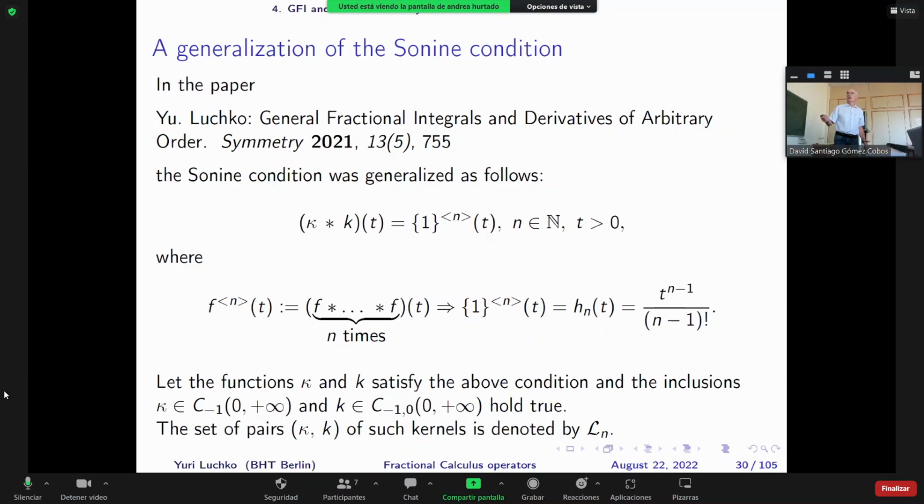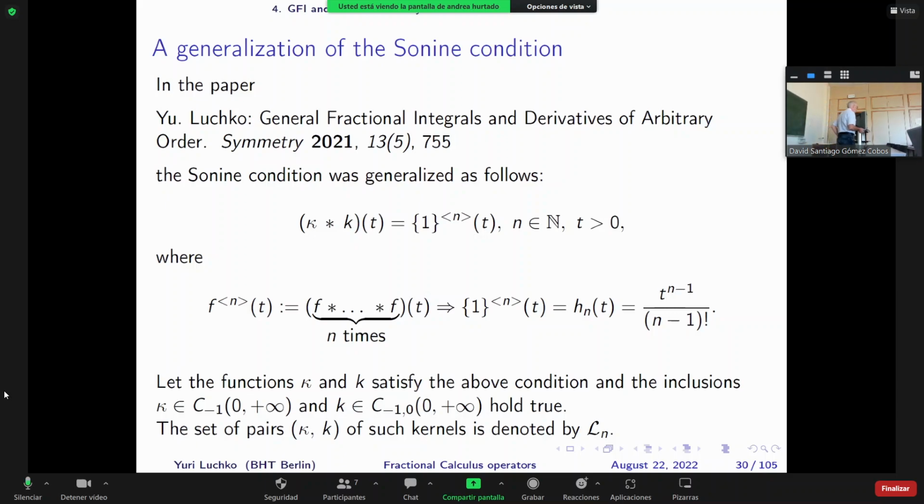I mean, this space consists of functions that are represented as a product of a power law function with the exponent greater than minus 1 multiplied with a continuous function. And the second kernel, k, is from the space C_{-1,0}.